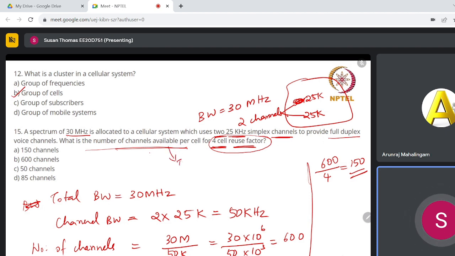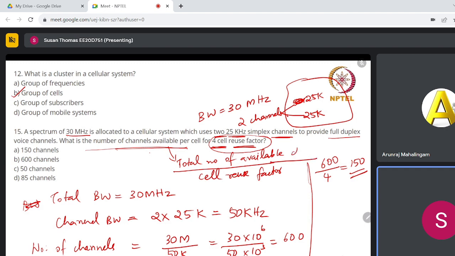The total number of available channels divided by the cell reuse factor. That will be 150 channels. Hope this is clear.